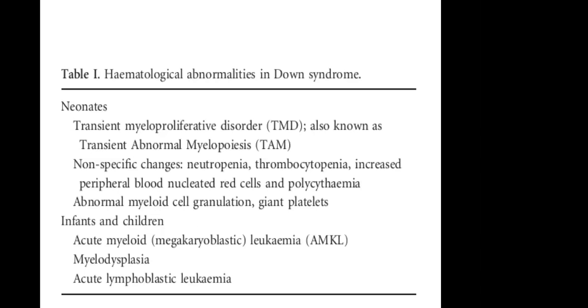As I said, he was a neonate in this last patient, so we labeled it transient myeloproliferative disorder, also known as transient abnormal myelopoiesis, TAM, or transient leukemia. Non-specific changes include neutropenia, thrombocytopenia, increased peripheral blood nucleated red cells, polycythemia, abnormal myeloid cell granulation, and giant platelets. In infants and children, they may develop acute myeloid leukemia, mostly M7 megakaryoblastic, or they may have myelodysplasia or acute lymphoblastic leukemia.